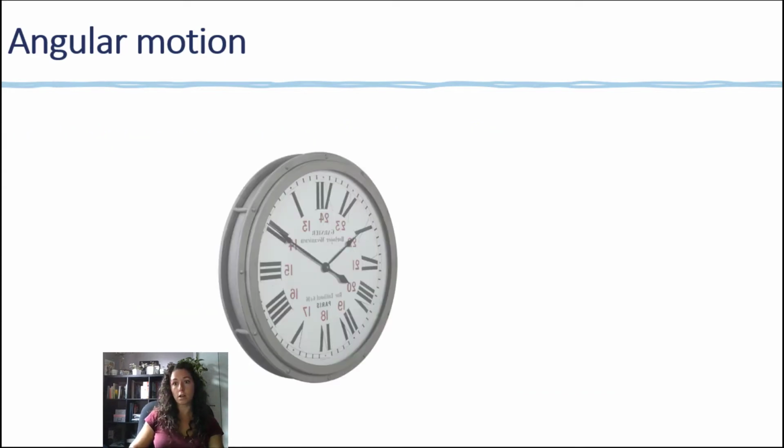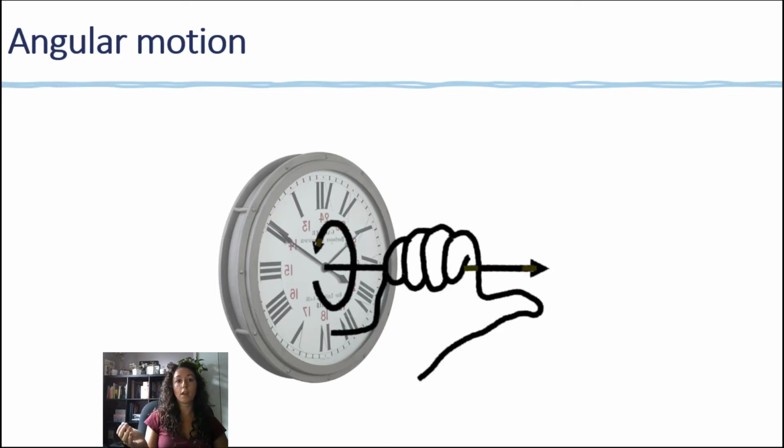So let's take our clock, for example. First, you should try to define what the plane and the axis of motion are. So the plane of motion is the face of the clock, and the axis of rotation is a line through the plane or through the clock face. So let's apply our right hand thumb rule here. That's me applying it.